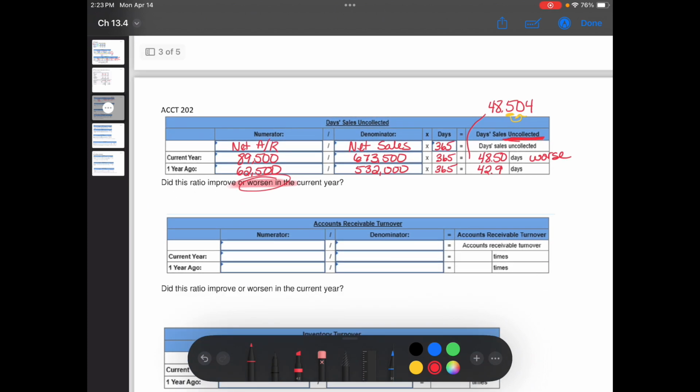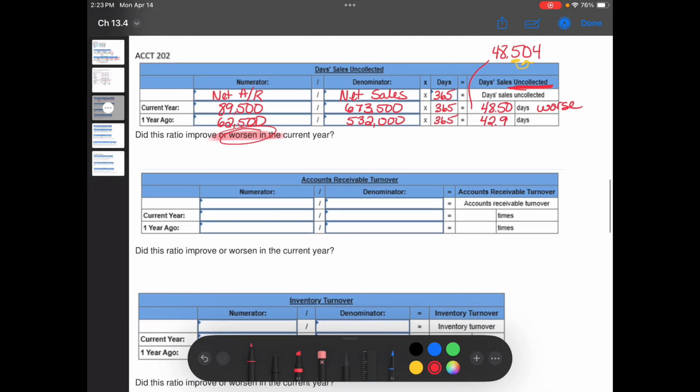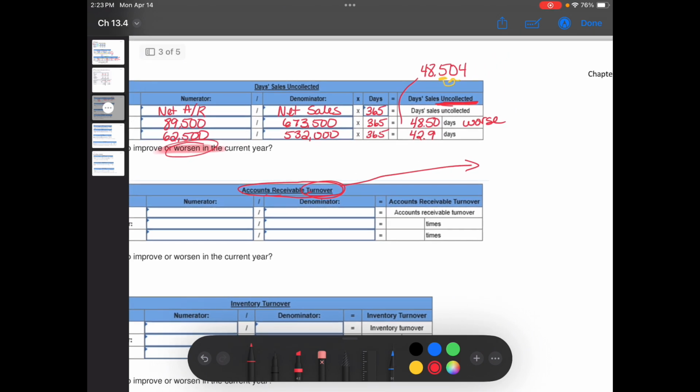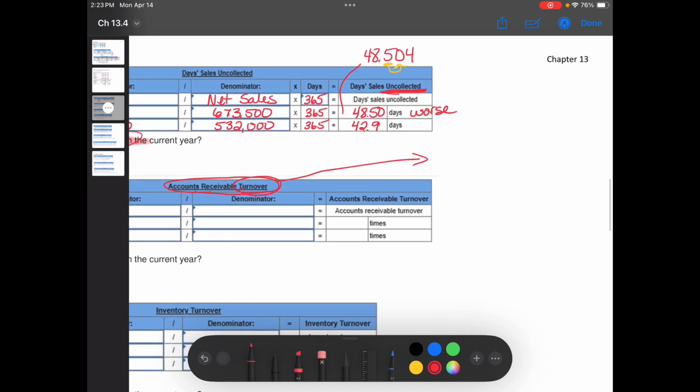And along those same lines, we're talking about receiving money from our customers. So that's tied up in the accounts receivable, right? So the next one we're going to look at is called the accounts receivable turnover. Now, turnover, it's not a Danish or pastry that you eat. Turnover is like the life cycle.